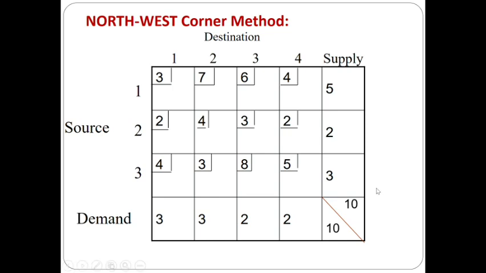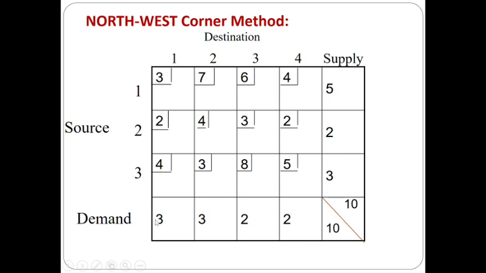In the northwest corner method, first we choose the northwest corner cell, which is the (1, 1) cell, the left topmost cell. We have to allocate as much as possible in the cell. The corresponding demand is 3 units and the supply is 5 units.